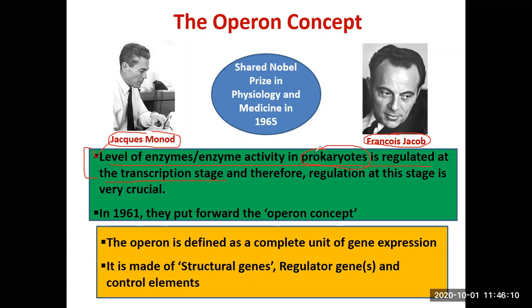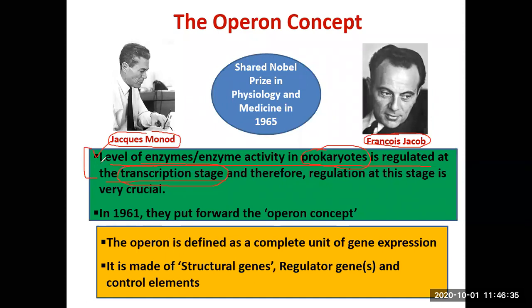But in prokaryotes, enzyme activity or copy number can be regulated only at the stage of transcription. If we fail to regulate, and those enzymes get synthesized, then it is a point of no return. In prokaryotes, you don't have further levels of regulation, whereas in eukaryotes, you do.